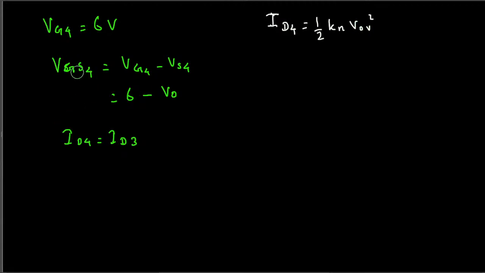If you figure out VGS, we can solve for the VO, because currently we have two unknown variables. If you find out VGS4, then only one unknown variable VO remains, and we can solve it directly. So instead of VOV, we can write VGS minus V threshold square, and this is VGS4.